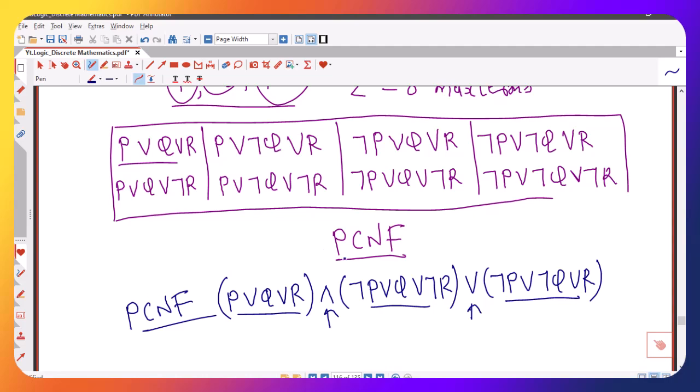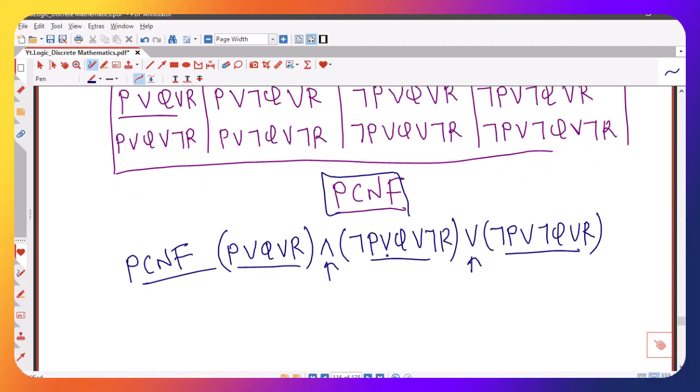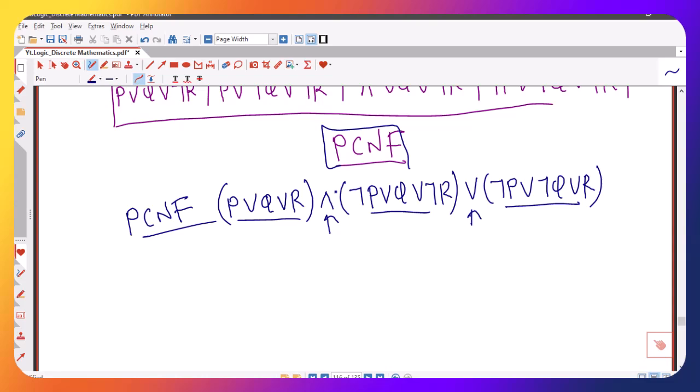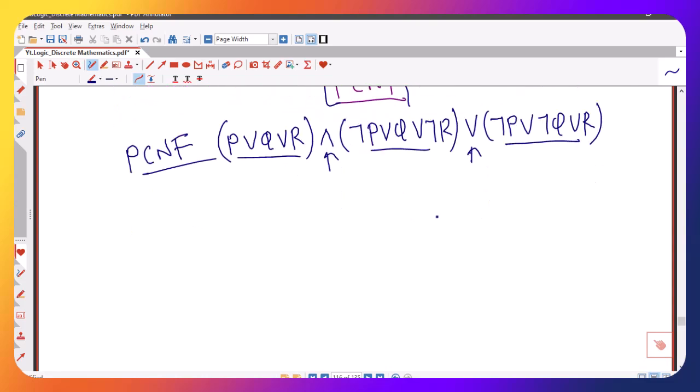So this is a conjunction of max terms only, therefore this is in principal conjunctive normal form. This is the meaning of principal conjunctive normal form, and if our formula is not in principal conjunctive normal form, then we can use a truth table to obtain its principal conjunctive normal form, and without using a truth table also we can use some basic logical equivalences to obtain it.